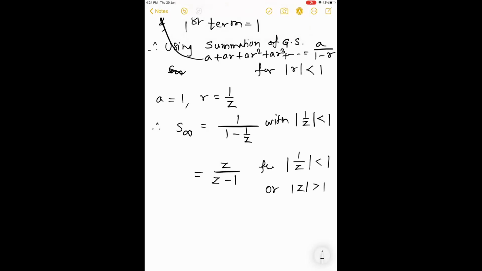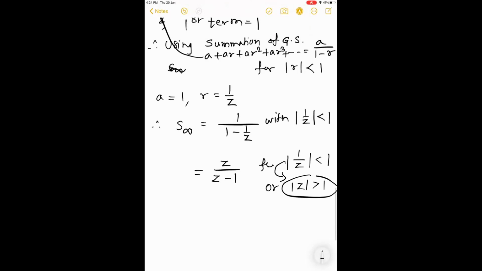Am I right? Mod z greater than 1 from this. Just to simplify, taking LCM, z goes to the numerator, and the denominator is z minus 1.